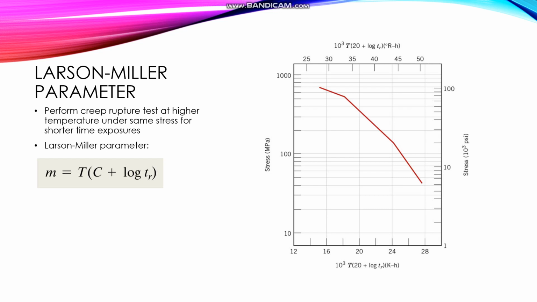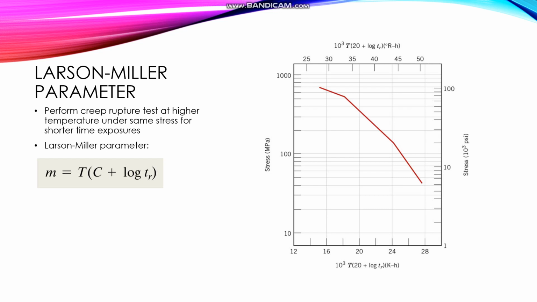Next, we have the Larson-Miller parameter, which is one of the data extrapolation methods. To use this method, we need to perform creep rupture tests at higher temperature under the same stress for a shorter time exposure, because it's impractical to collect data over long time exposure using this kind of method.